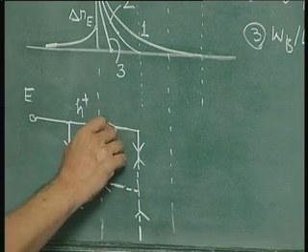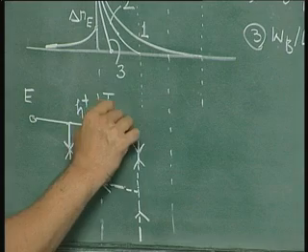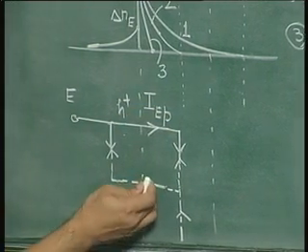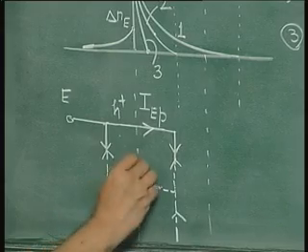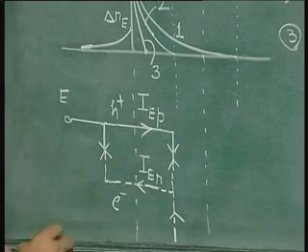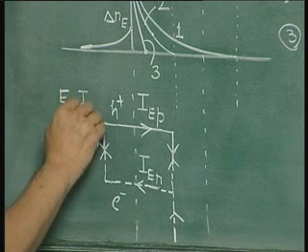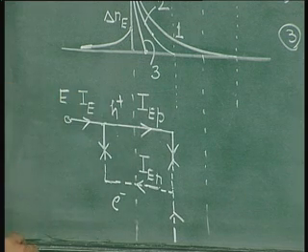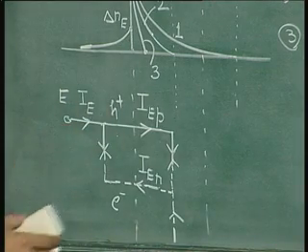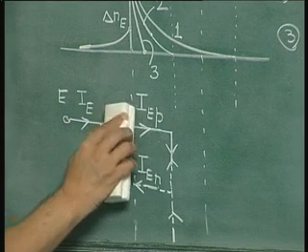This particular component of the emitter current, which is due to holes, we will indicate as IEP, and this current, which is because of electrons injected from base to emitter, will be represented as IEN, and the summation of these two currents is IE. So in order to avoid cluttering, I will remove these symbols which indicate electron and hole currents.